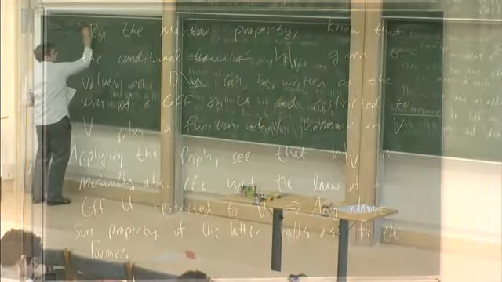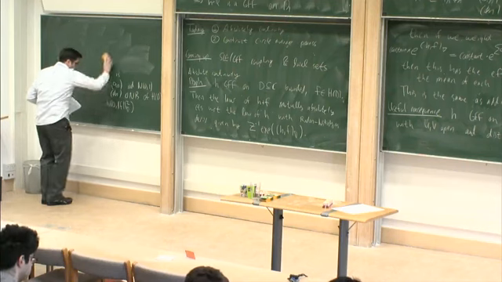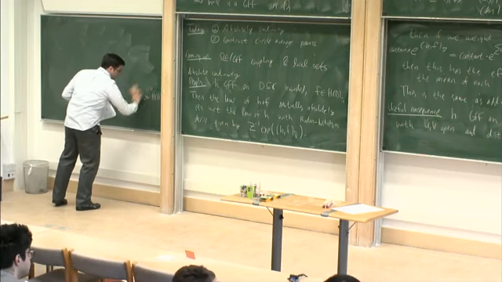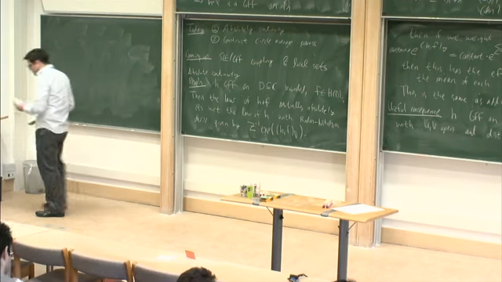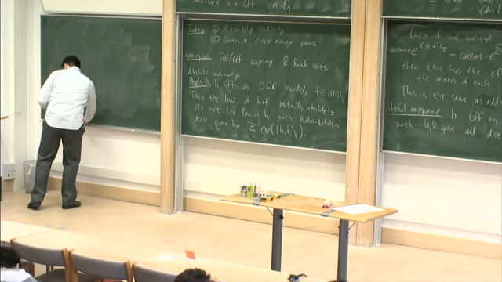Now what we're going to do is look at the circle average process for the Gaussian free field. Okay.